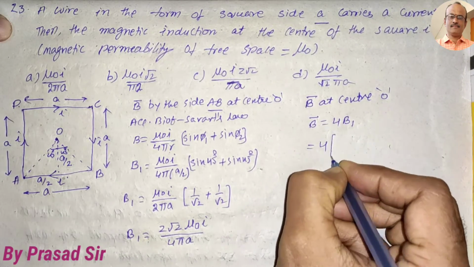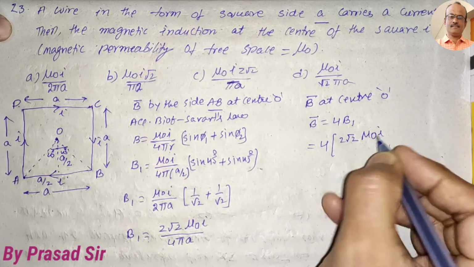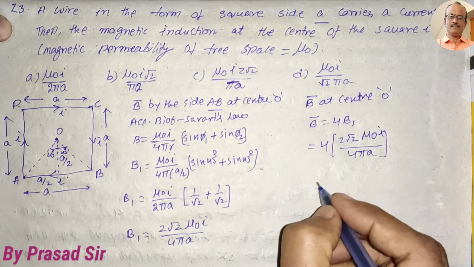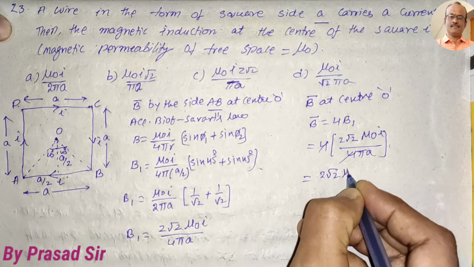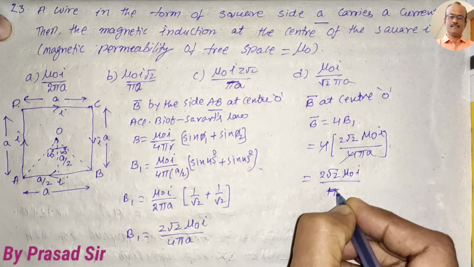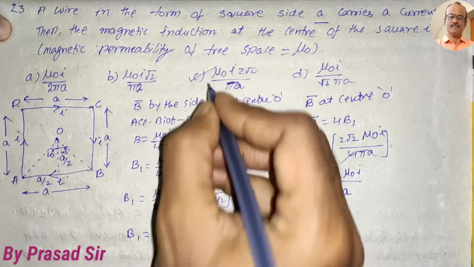So 4 times 2 root 2 mu naught I divided by 4 pi A. The 4 gets cancelled, giving 2 root 2 mu naught I divided by pi into A. So which option is correct here? Option C is correct.